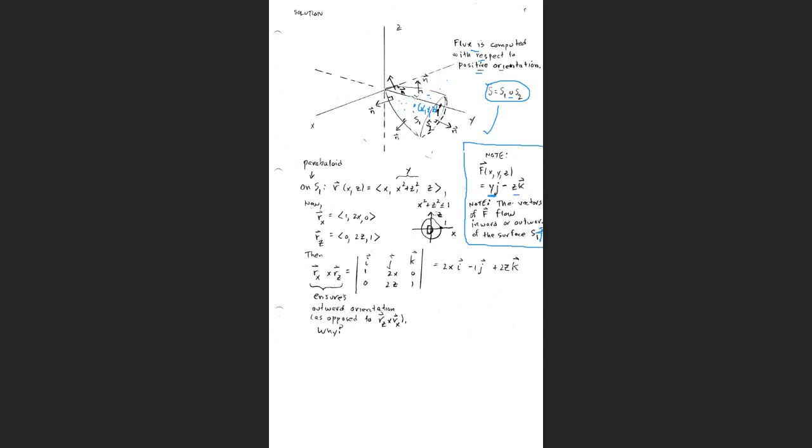Do the vectors of F flow inward or outward from the surface? Okay, so there's a little question mark here. I want to say this the right way.